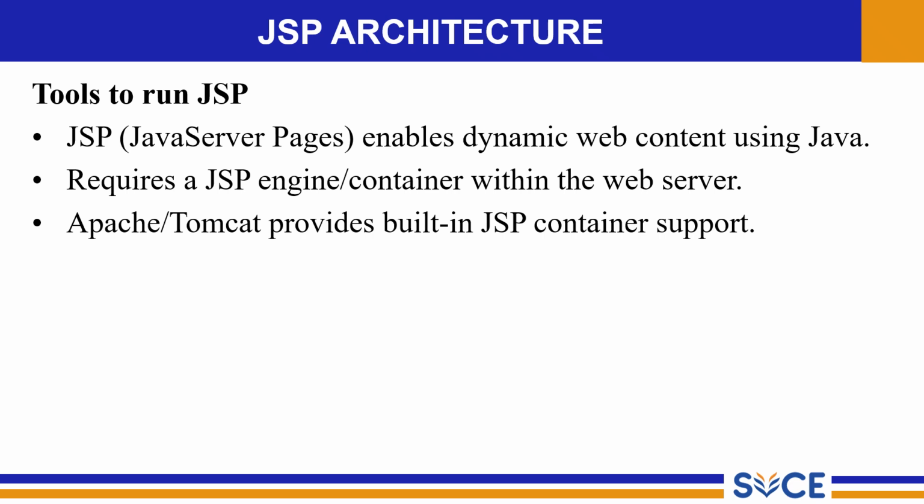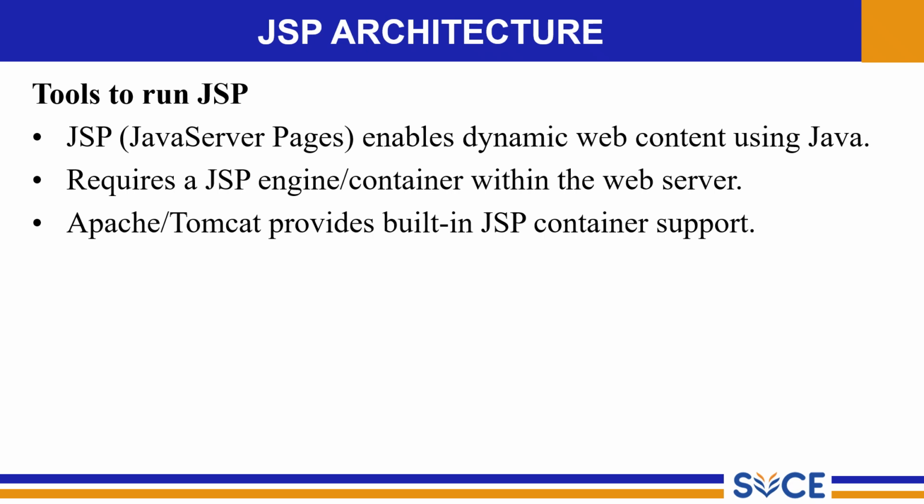This engine is part of the web server and is responsible for translating the JSP file into a servlet and then compiling it and executing it to produce the final response. Without this container support, JSP pages cannot function because the translation and the execution process rely entirely on the server environment.